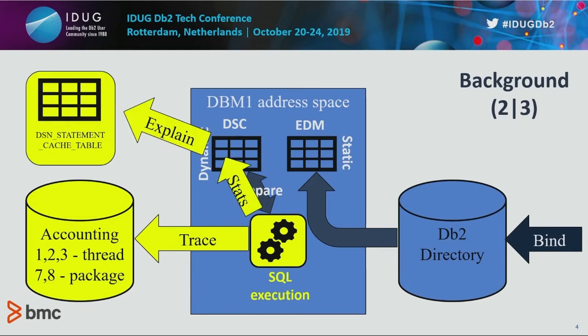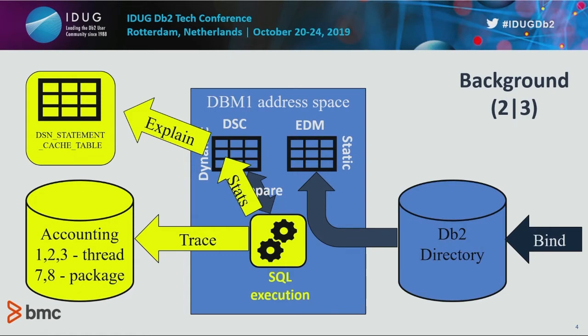So starting with DB2 version 8, DB2 added the ability to track performance statistics in the entries of the dynamic statement cache. So now with SQL executing, it's pushing statistics out to the cache entries that are an accumulation of what's happened for that SQL statement while it's been in the cache. The SQL execution and the thread itself never push that out.